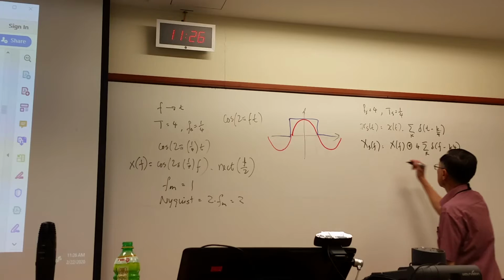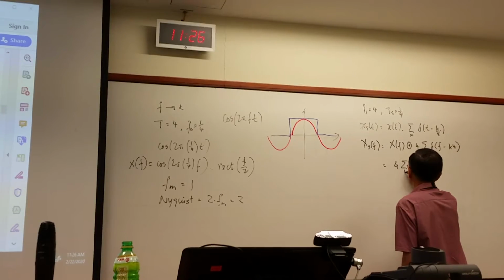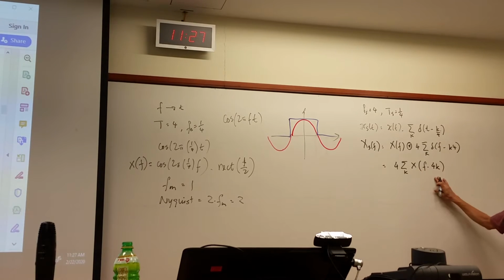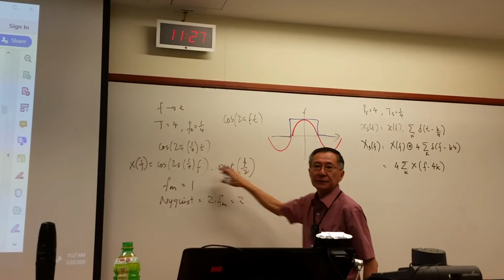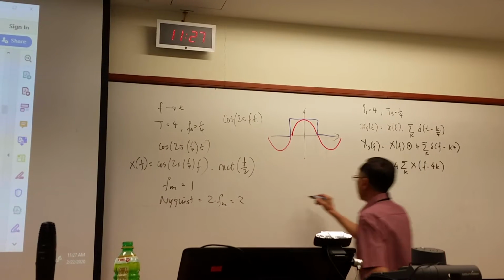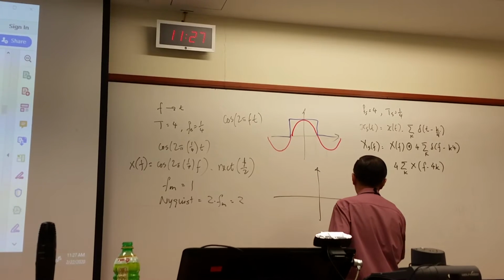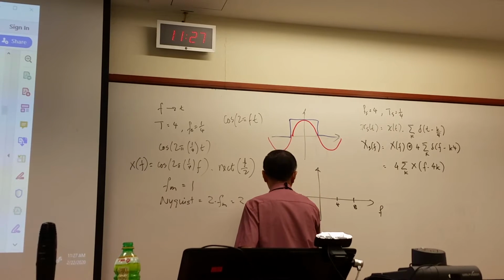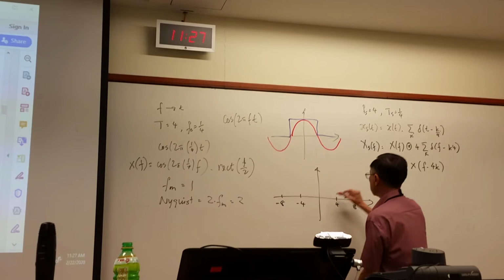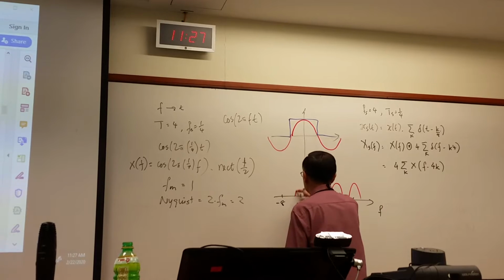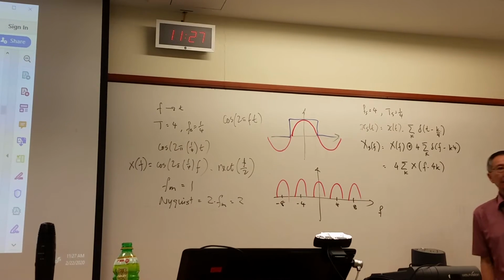Correct? Alright, so this guy, I can put it this way. Of course I can substitute this inside, but that's straightforward. You can do that. So if I do that, it will look like this.